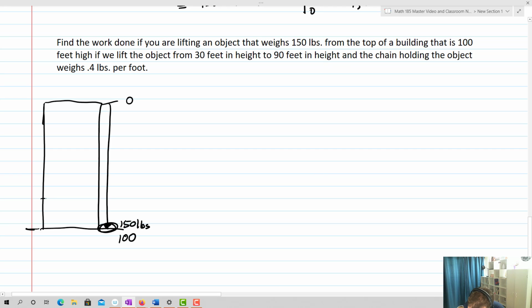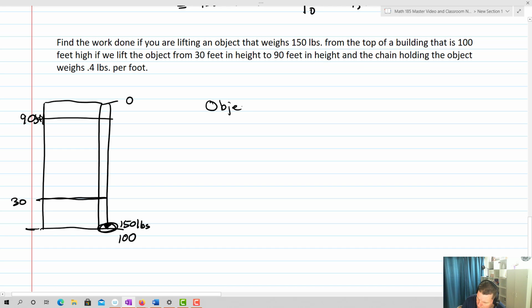But now I'm going to go from 30 feet to 90 feet. And because I'm doing that, that changes my problem pretty significantly. Let's first think about the object.